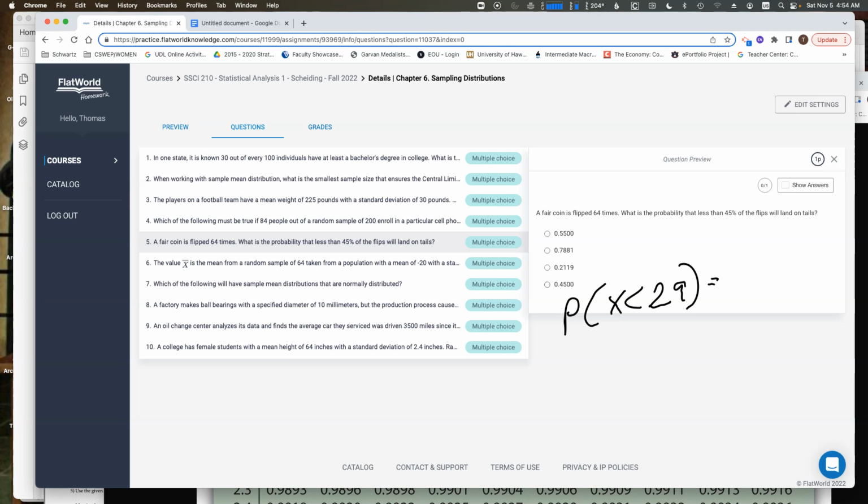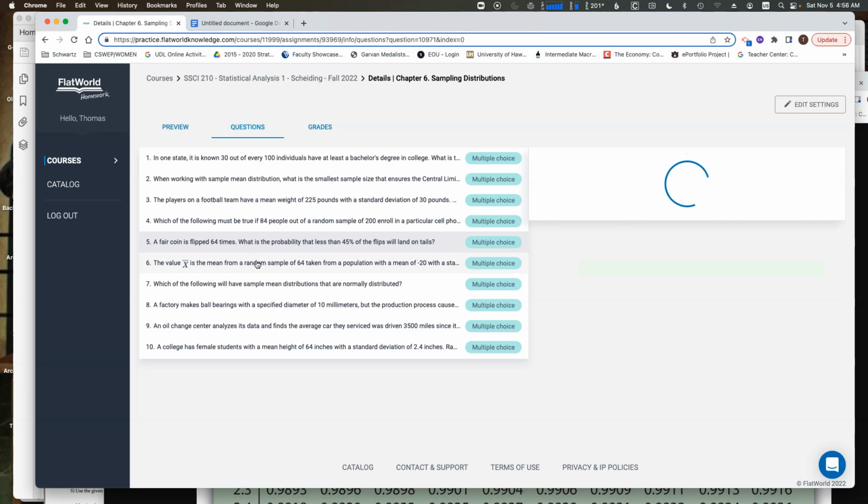Just give me 1 second here to find this. Right, so that would be using our chart. We're hopefully at 0.2119, and we are. So that was using the probability tables from the book.